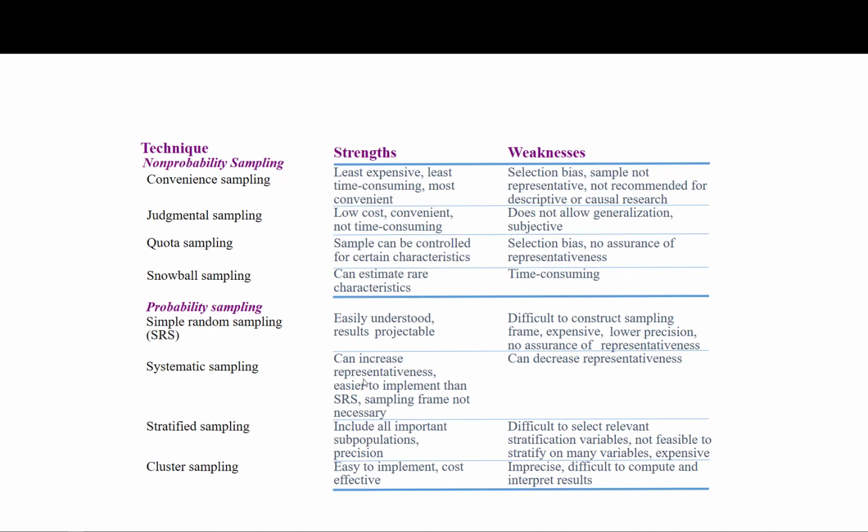I have put another video on your Wattle site that goes through the different sampling techniques that you have available. So I'm just going to talk about the strengths and weaknesses of the different types. So we have non-probability versus probability sampling.